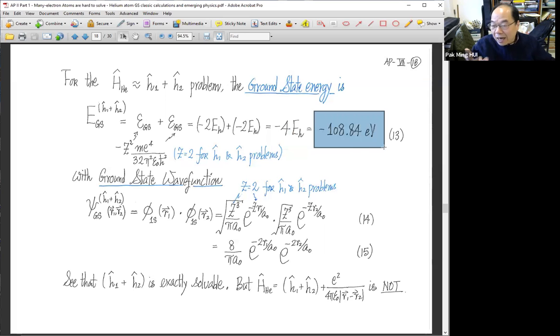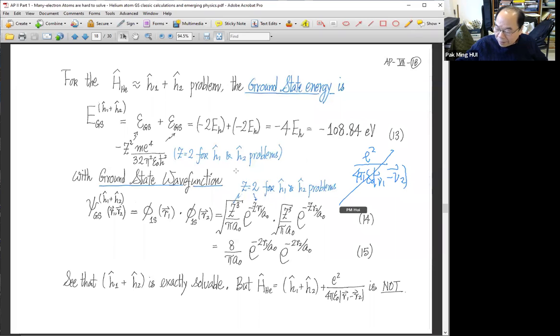Your Hartree is 2 times 13.6, okay, 27 something, so times 4 is about 100 something. So this is ignoring the interaction term. Therefore, we are ignoring, at the moment, this term.